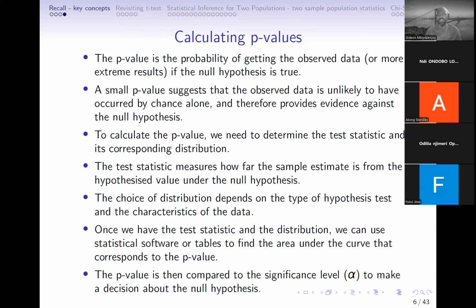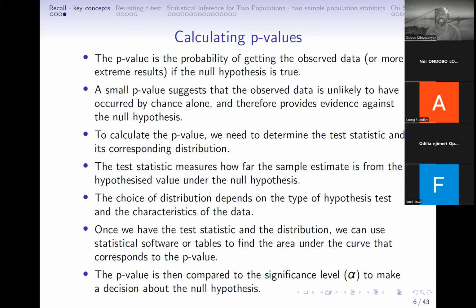So once we have the test statistic and the distribution, we can then use software to find the area under the curve, or we can just simply use a lookup table for the p-value. I don't know if this makes sense to you. It's very important that you understand how the p-values are used.